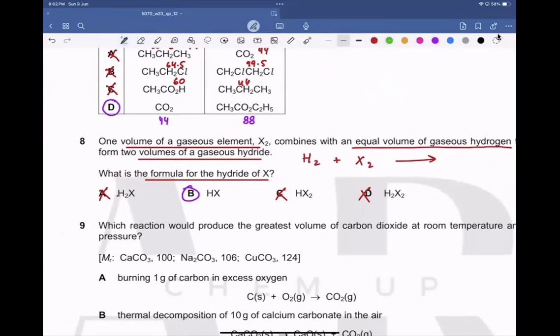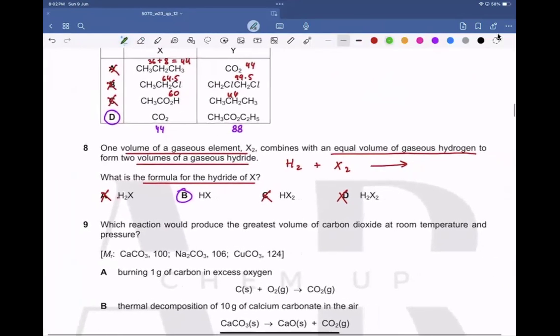They are saying one volume of element X2 with an equal volume of gaseous hydrogen. So it means, for example, it's 24 decimeter cube, let's suppose. And it is also 24 decimeter cube. And they are saying two volumes of gaseous hydride is formed. So it means 48 decimeter cube is formed. Is this clear, Khatija?